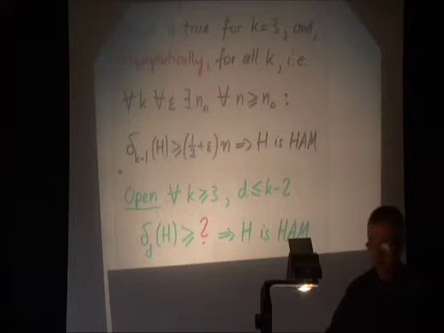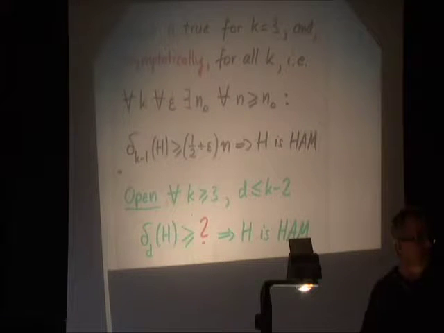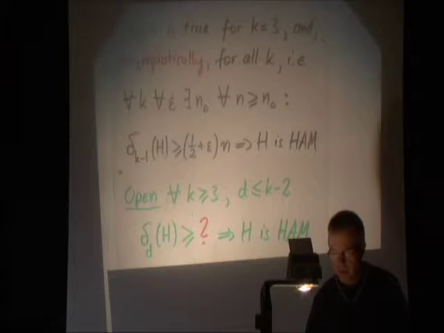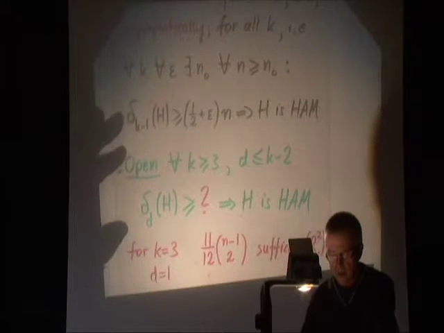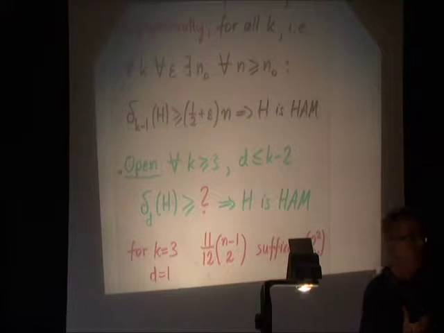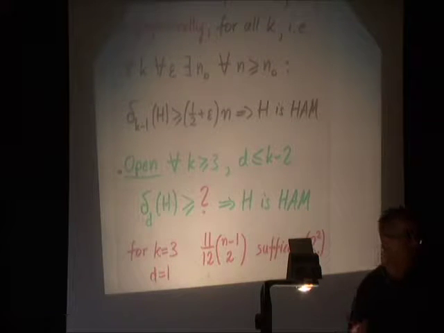But it's still open, for example, what about the other degrees, when d is less than k minus 1, say k minus 2 or less. In particular, the smallest open case is when you have just 3-uniform hypergraphs, so just triplets are the edges, and you look for the vertex degree, d equal to 1, and this is unknown.